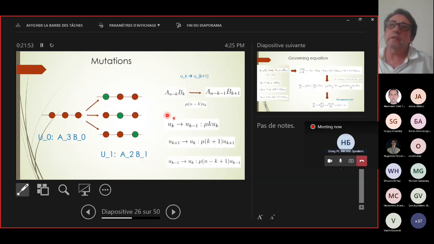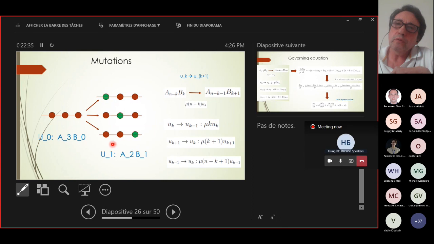So the next step: about these mutations, how it happens, let's see. For example, I take here as an example this sequence of 3 letters, 3 genes. If there is only one mutation, there are 3 possible cases shown here. This mutated gene B can be at the first place, at the second place, or at the third place. The first sequence we call A3B0, no mutations, and the second case A2B1, 1 mutation.